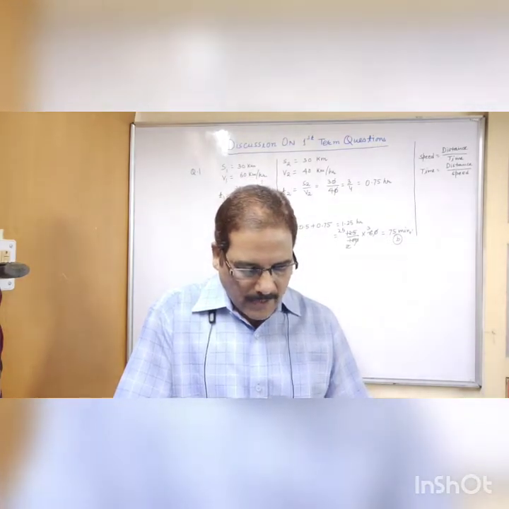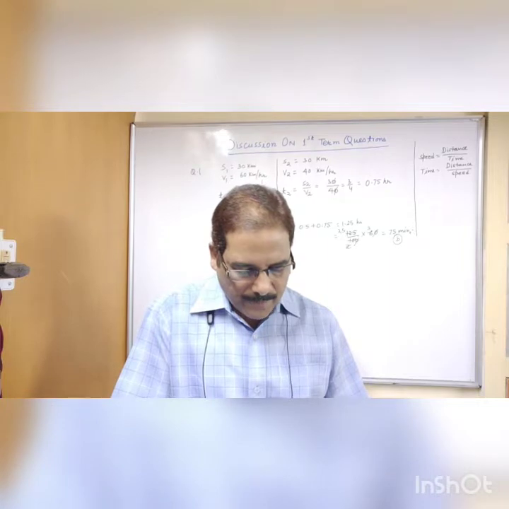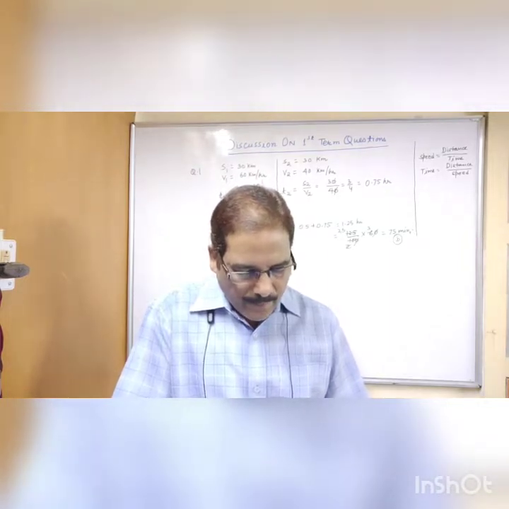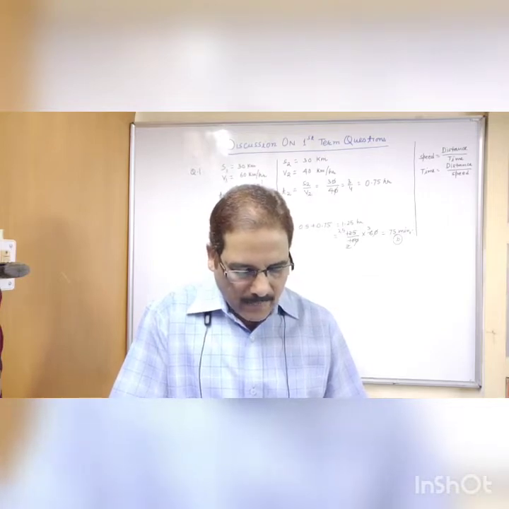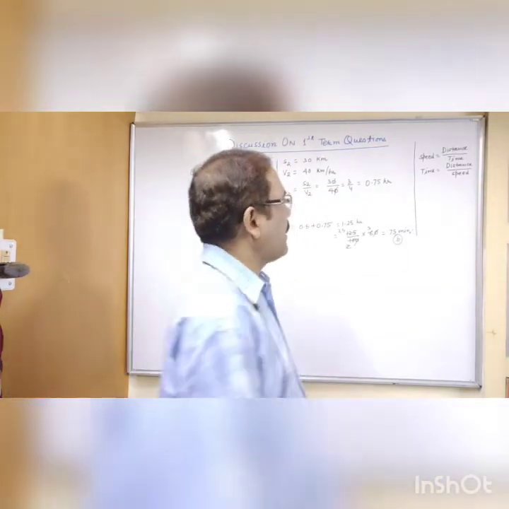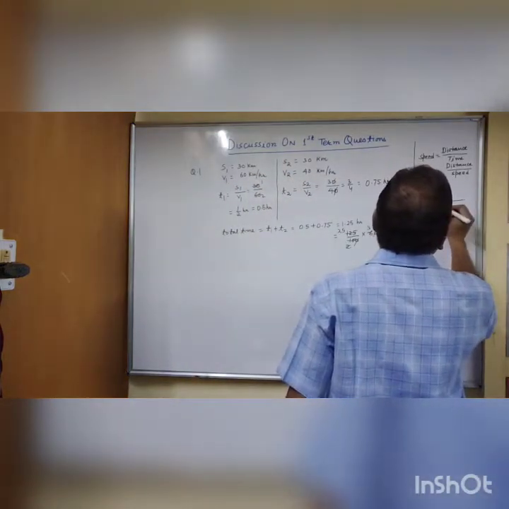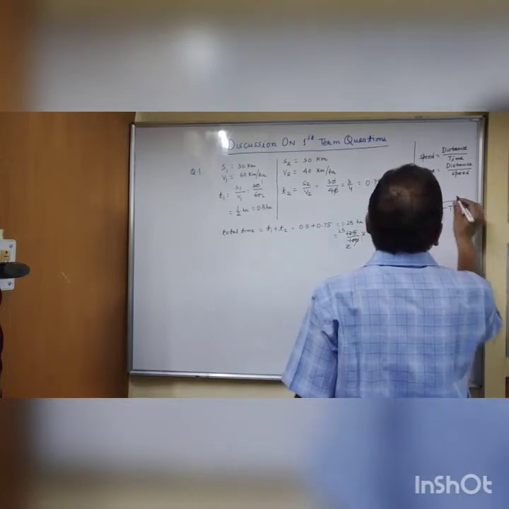Then question number 3: the area under the velocity time graph represents A distance covered or displacement, B velocity, C acceleration, and D none of these. So this is the time axis, this is the velocity axis.